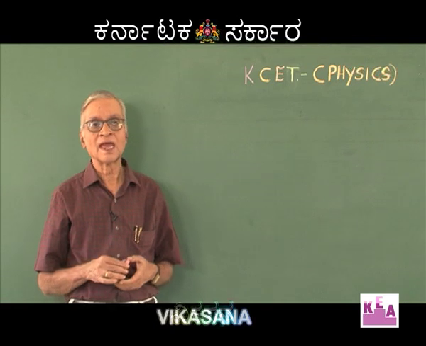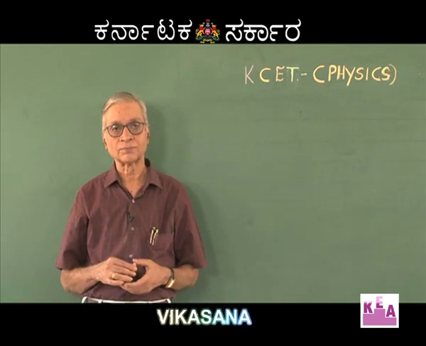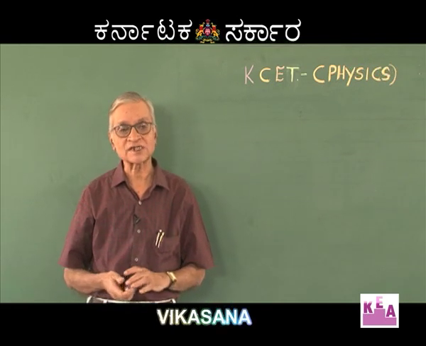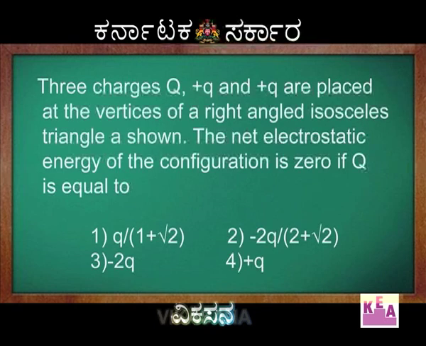Now, I will take one question based on electrostatic energy. Let me now read the question. Three charges, capital Q, plus small q and plus small q, are placed at the vertices of a right-angled isosceles triangle as shown.